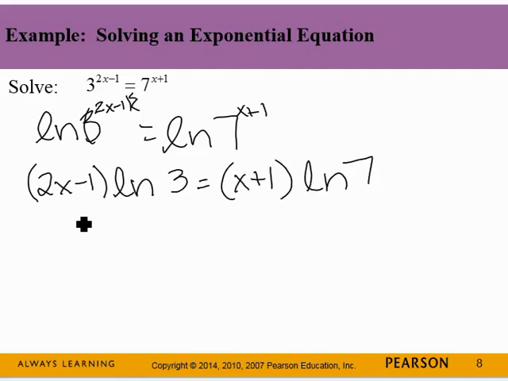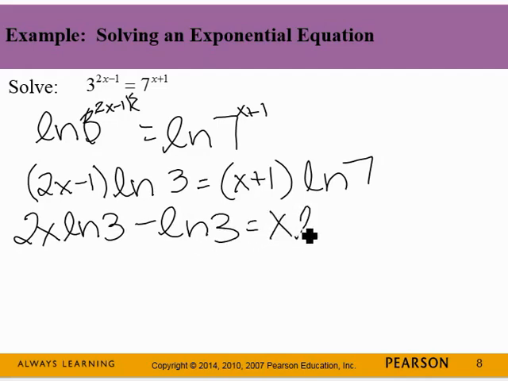Now you want to think about your rules for this type of problem. So this really means I have 2x ln 3 minus ln 3 equals x ln 7 plus ln 7.